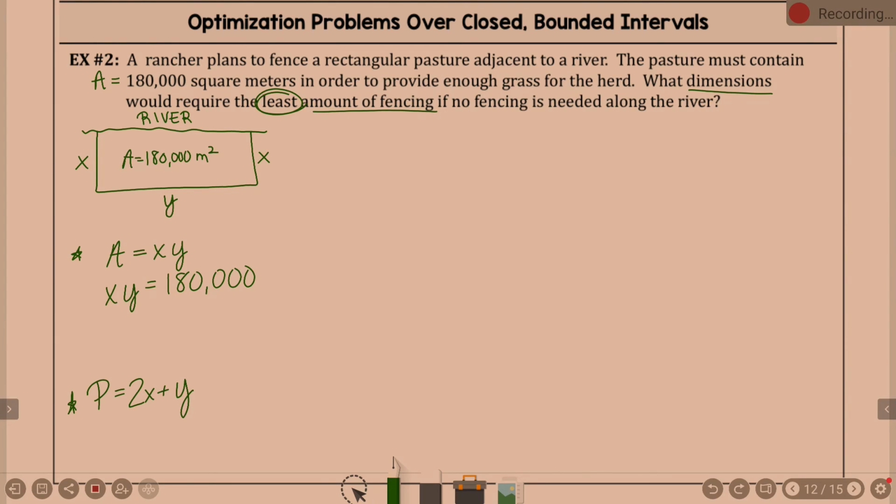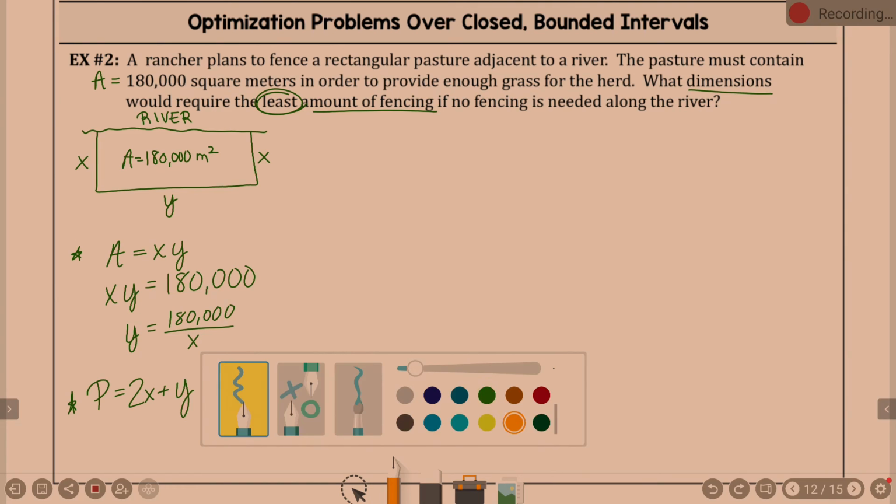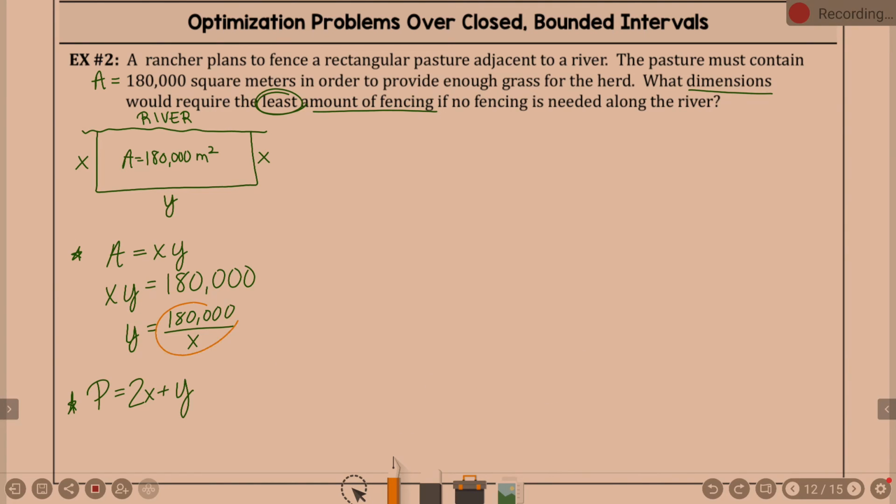Okay? So on mine, I generally tend to solve for y. And so y is 180,000 divided by x. I'm not saying you'd have to, though. The idea now is that I can take this 180,000 over x and plug it in for y.